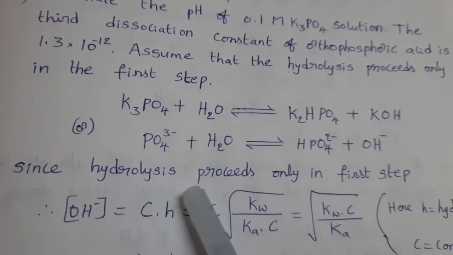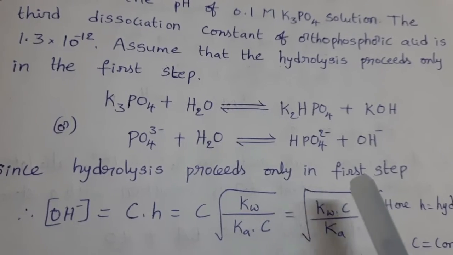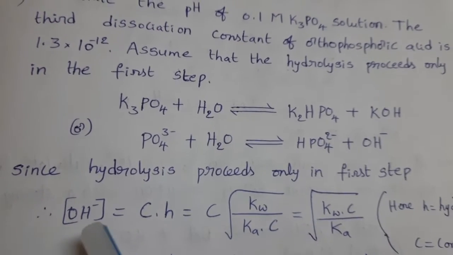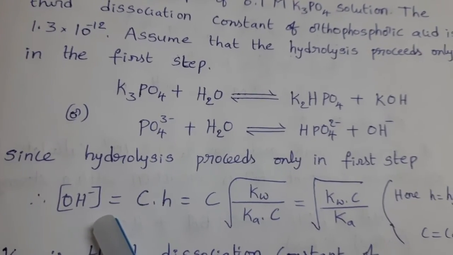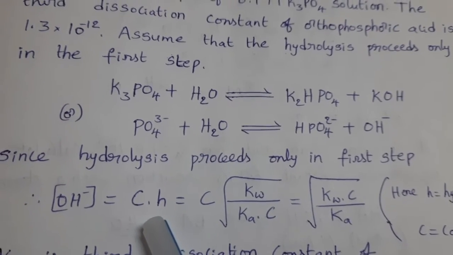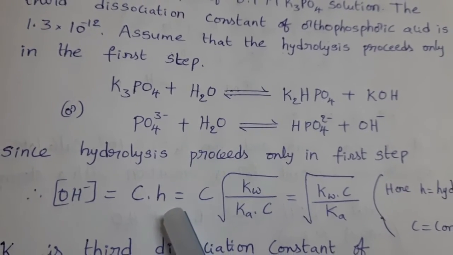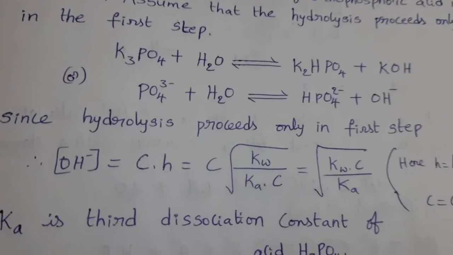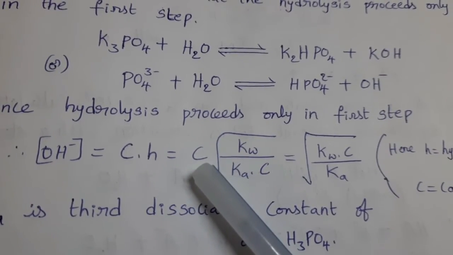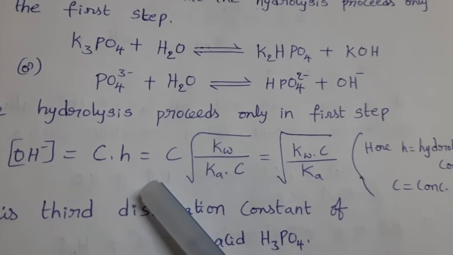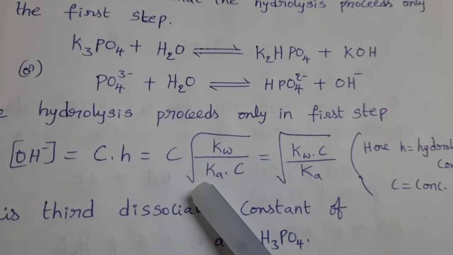Now, since hydrolysis proceeds only in the first step, OH minus ion concentration equals, what is the formula? Concentration into h, where h means hydrolysis constant. So C into hydrolysis constant means, what is the formula?